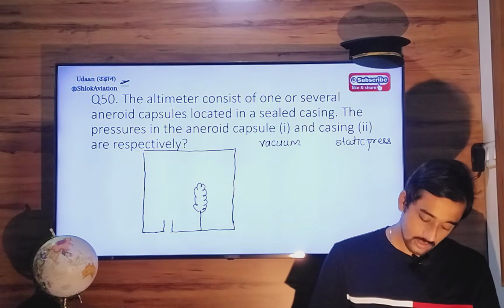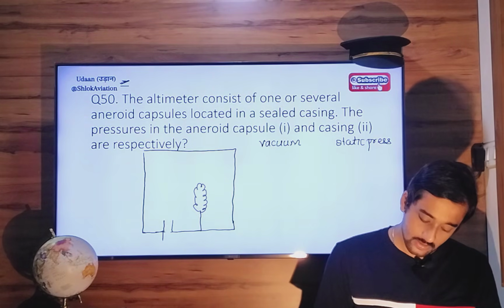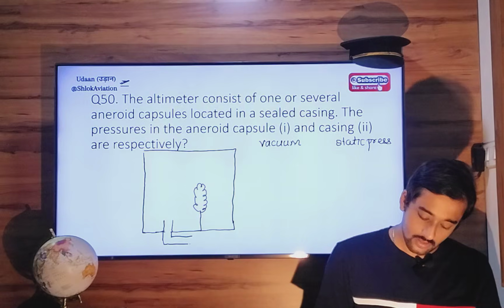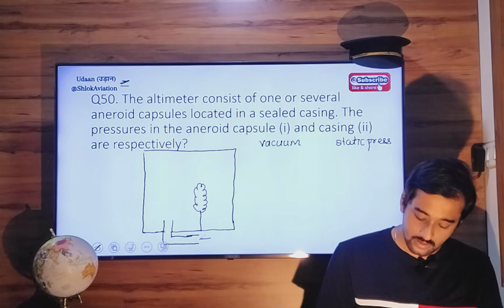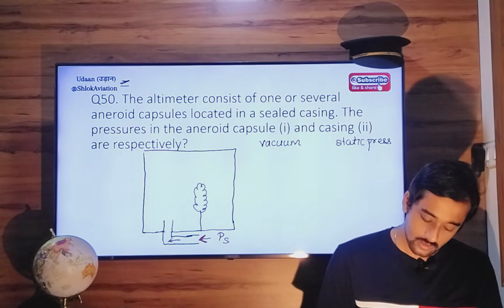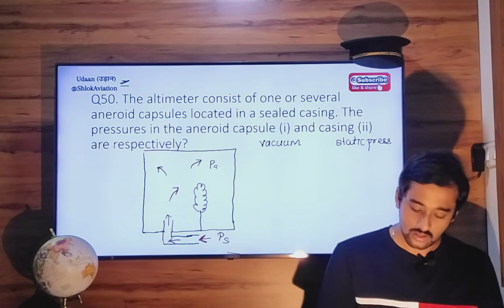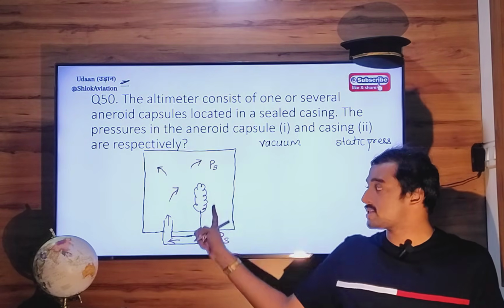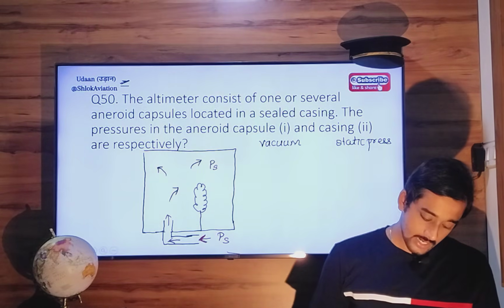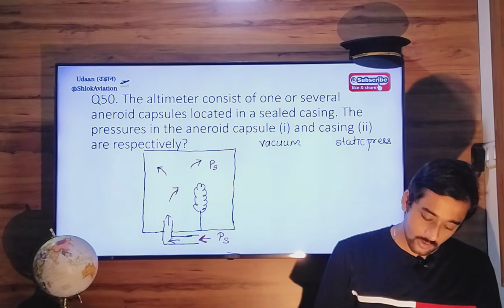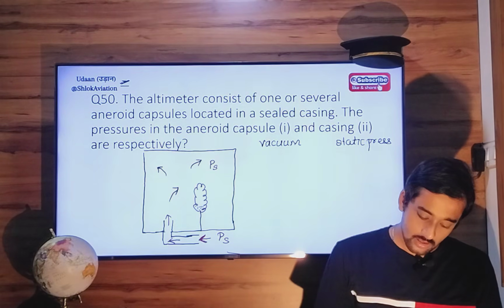This aneroid capsule will respond to the static pressure that is coming from the static port. This static pressure will surround the aneroid capsule, and inside the aneroid capsule there will be vacuum.